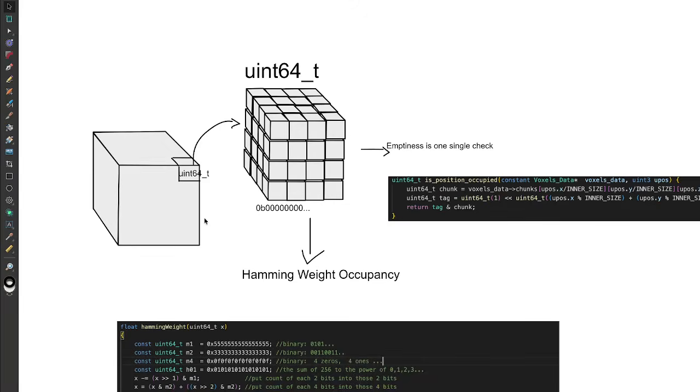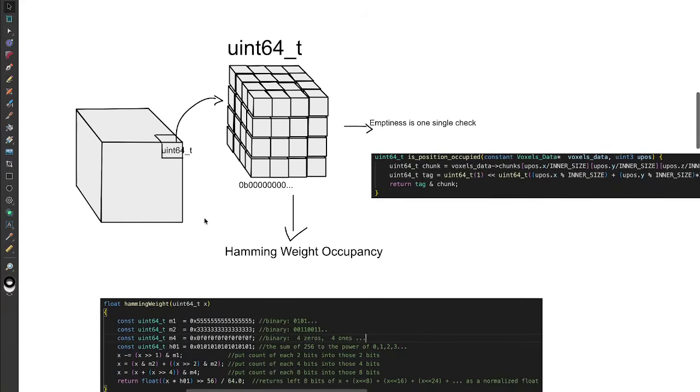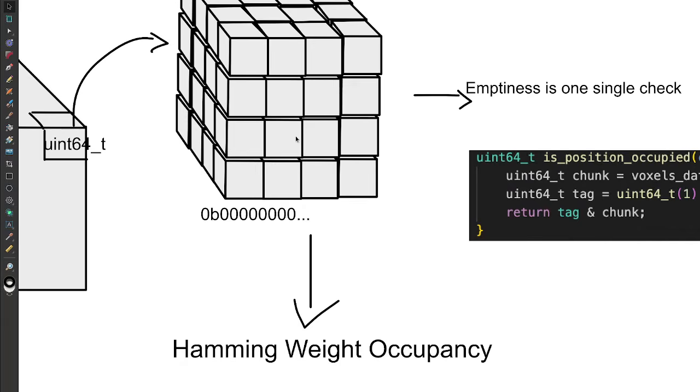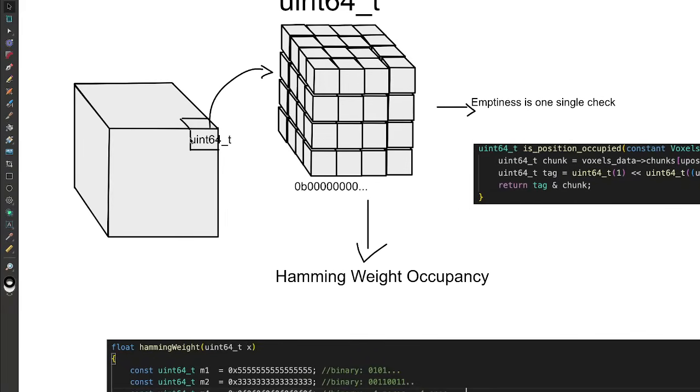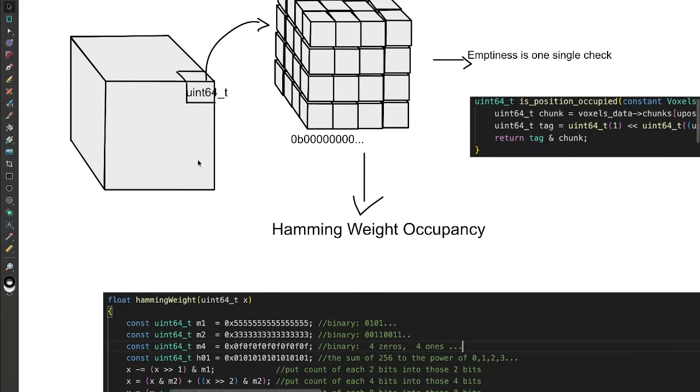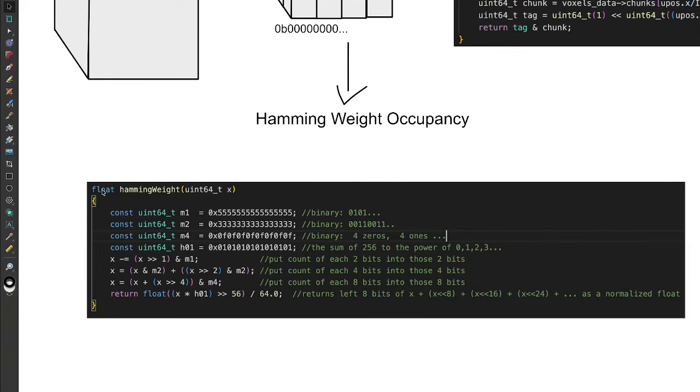The other thing is that for calculating light, when I trace the path for light, at first I do it voxel by voxel, right? So maybe if the light goes like this, I may check this one, this one, this one, a little bit of this one. After a certain amount of voxels, I stop testing each one individually. What I do is I test the whole block, and I can do it very fast because I can calculate basically the weight or the occupancy percentage of the whole block.